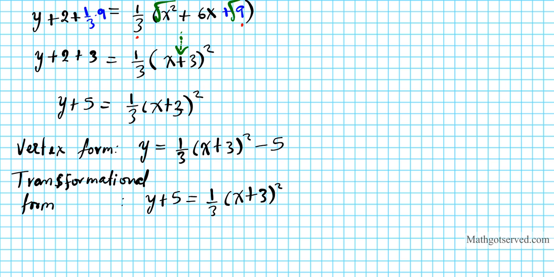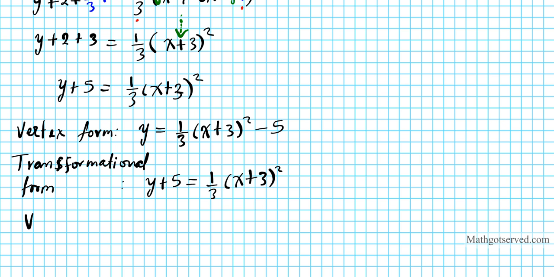Now let's go ahead and find our vertex. To find our vertex, you look for h, k, or the opposite of the number next to the x is our x coordinate, -3. The opposite of the number next to y is the y coordinate, -5. So there goes your vertex. The reason is because these are the values of h and k.